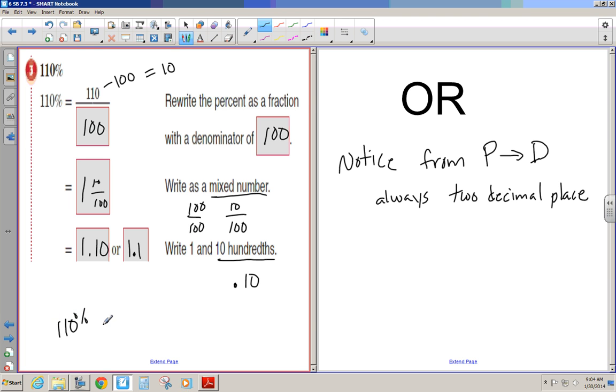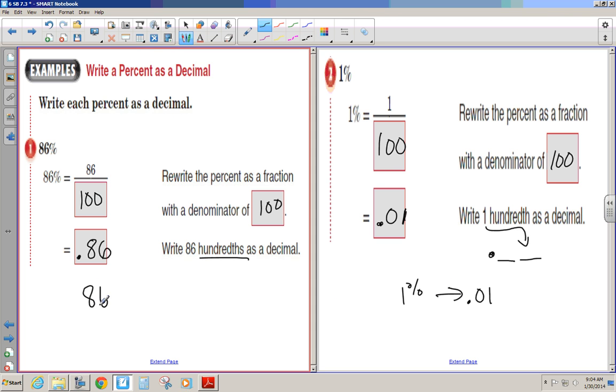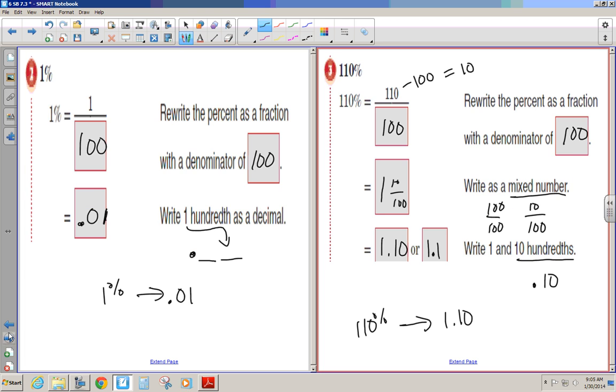110% became 1.10. 1% became 0.01. 86% became 0.86. So hopefully you see that pattern. Two decimal places.